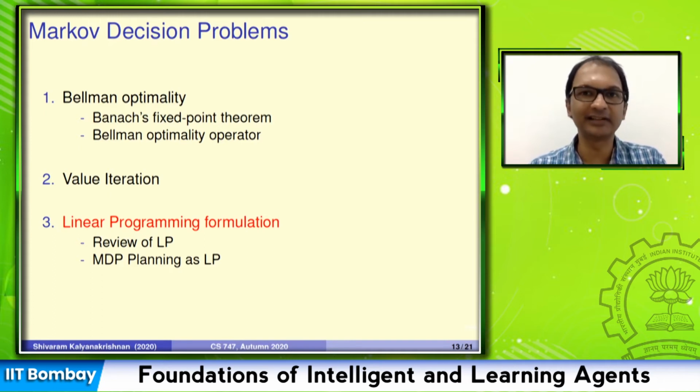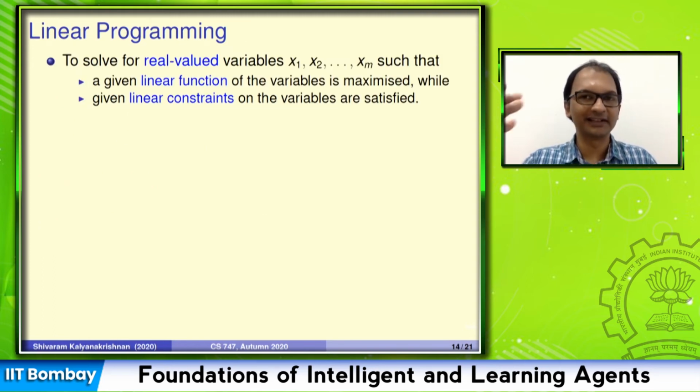Just given the prominence it has, people have looked at it. There are many very efficient ways of solving linear programs. So the effort that I'm going to describe to you is that of taking the MDP planning problem and translating it into what's called a linear programming problem. To begin, we will give a brief review of linear programming.